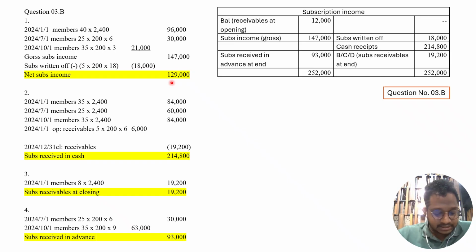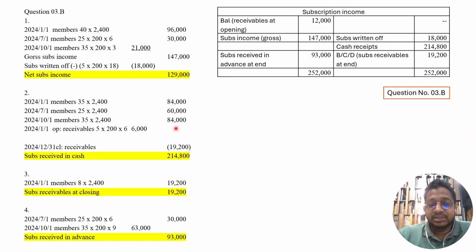And in the second part, they ask for the cash received for membership fee. After you write off those 5 members, now the opening members should be 35. So 35 into 2,400. And the new members that you recruited in the middle of the year, they paid the total 2,400 at admission, right?